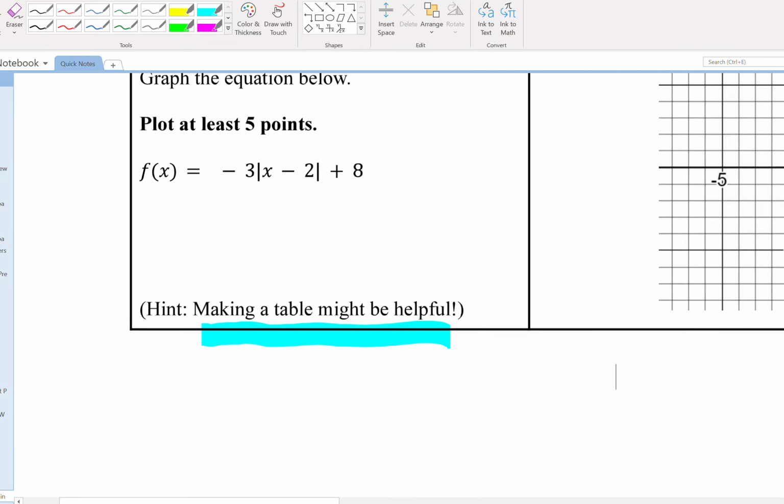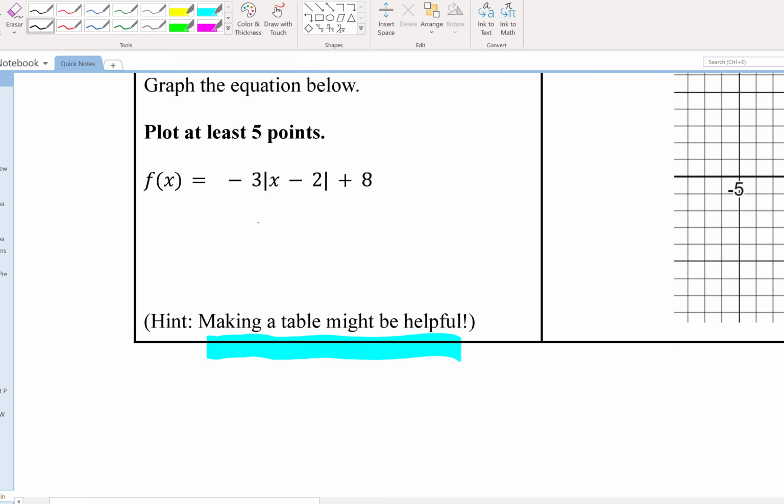So here, I know that my vertex, the general form is y equals a times absolute value of x minus h, plus k. And so my vertex is (h, k).